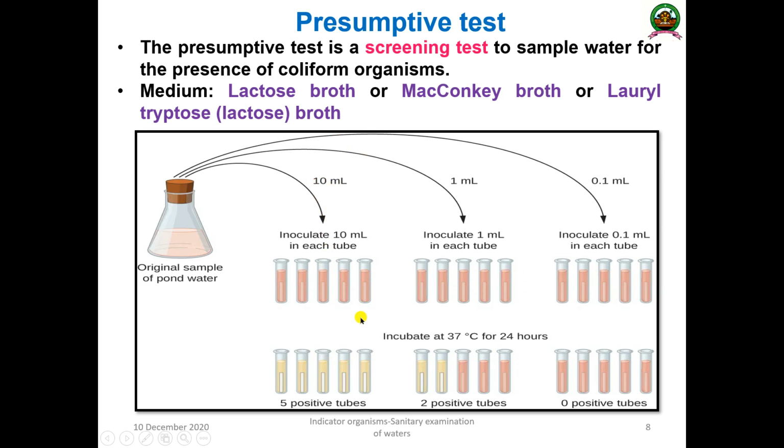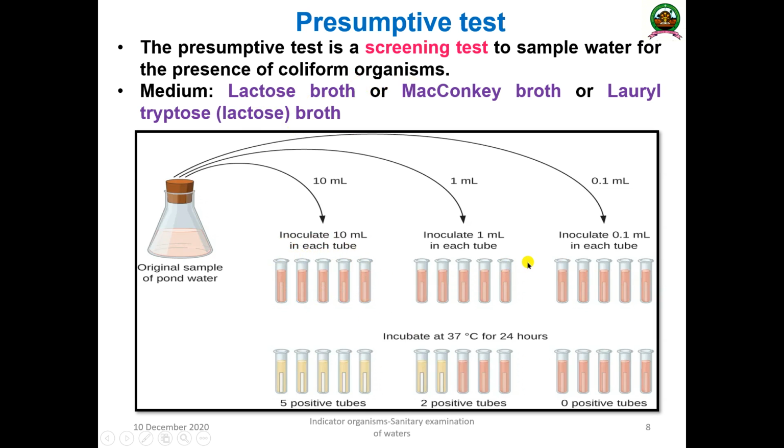So what you have to do is take three sets of 5 tubes. Okay, so 1 2 3 4. Here you can see test tubes, and inside the test tube you can see 10 ml. You have to prepare this lactose broth or MacConkey's broth and lauryl sulfate tryptose broth. So here you have the first 5 tubes with 10 ml lactose broth, for example.